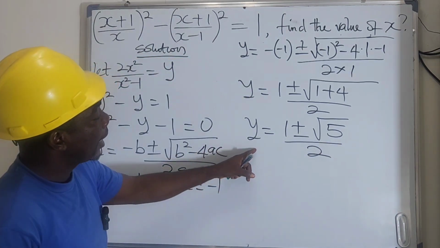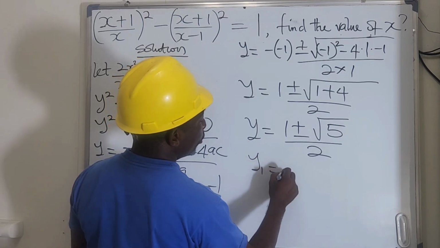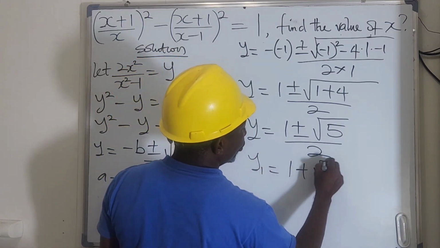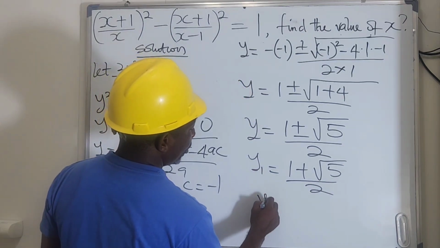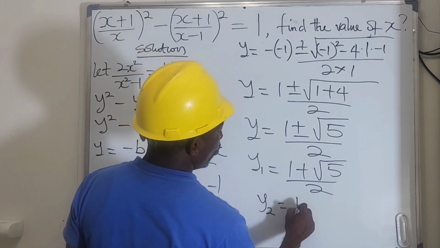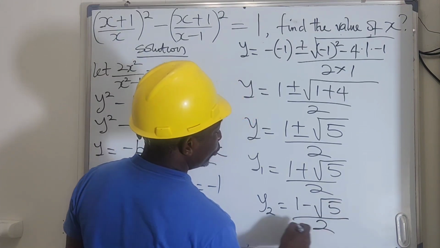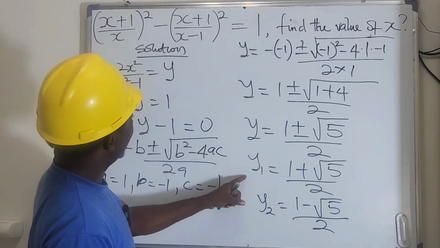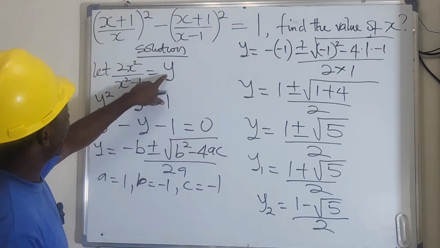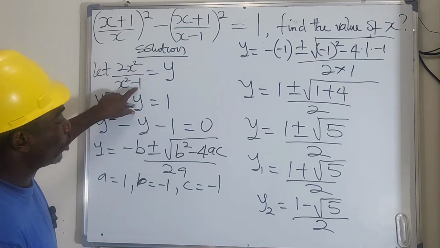So we have this as the value of y. This will become y1 equals 1 plus the square root of 5 all over 2. So we also have y2 equals 1 minus the square root of 5 all over 2. So this is the value of y. And we say that our y equals 2x squared all over x squared minus 1.